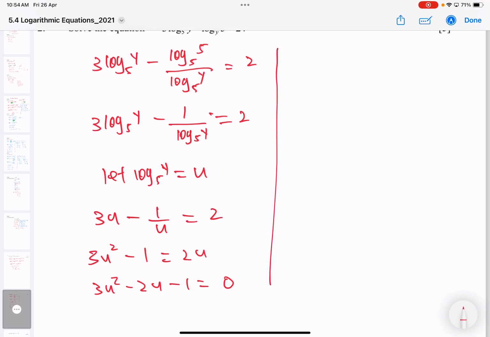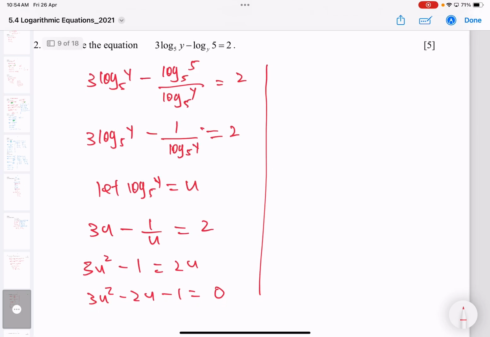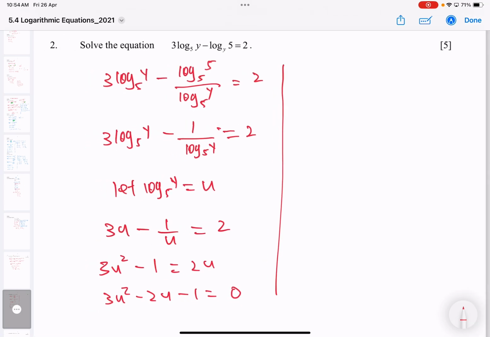So this trick is to use the change of base. You will change everything to base 5. And you realize that you cannot proceed any further, so you would substitute the log with any variable of your choice.